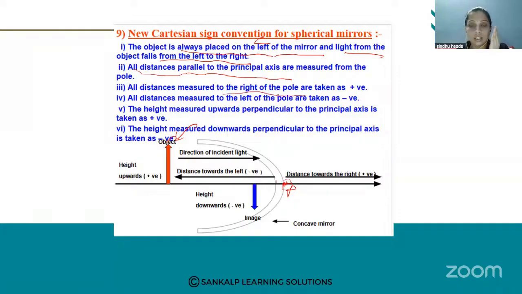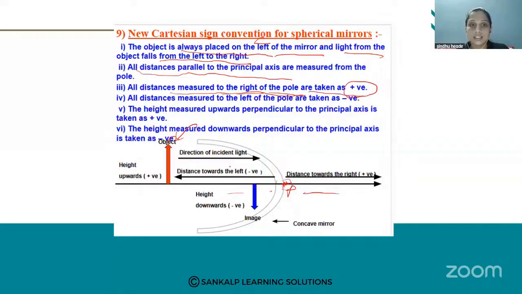See, read the statement carefully and listen also. Okay. All distances measured to the right of the pole. See this, this is the right side. Okay, this is left. Are taken as which sign? Are taken as positive.